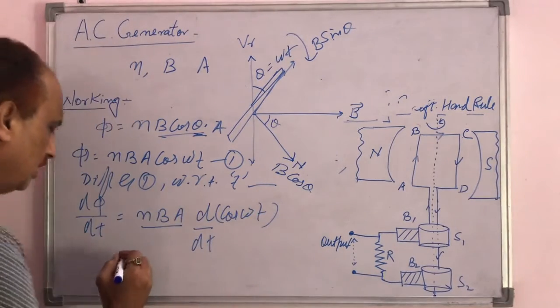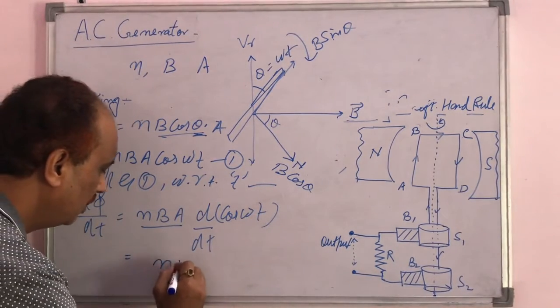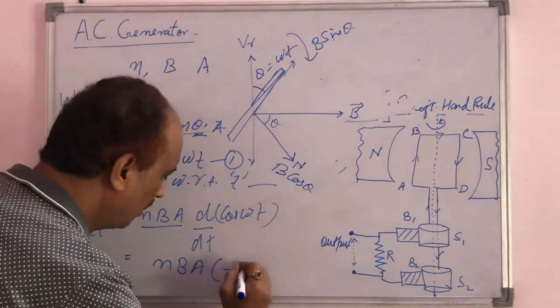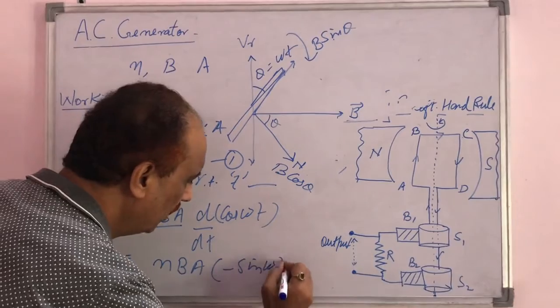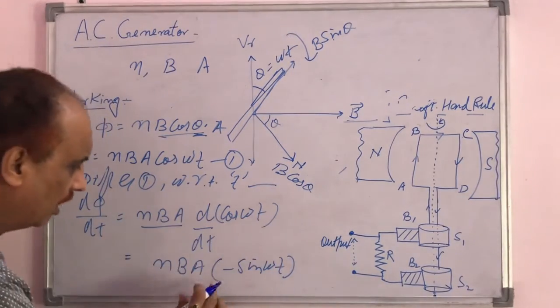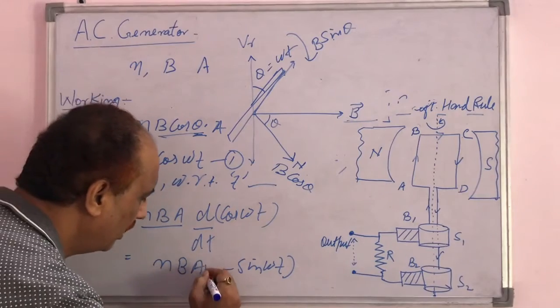Differentiating, cos omega t gives minus sin omega t, and the differentiation of omega t gives omega, so we multiply by omega.